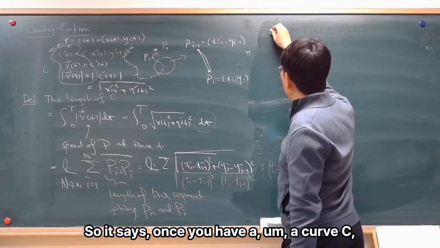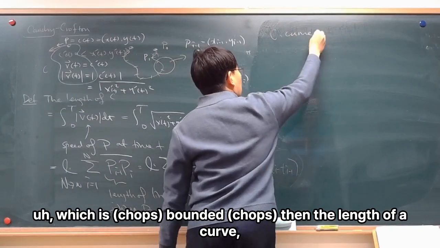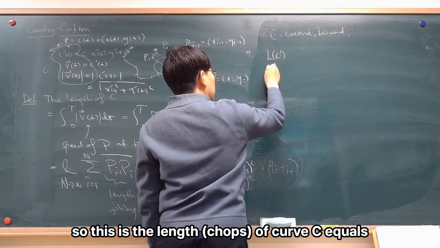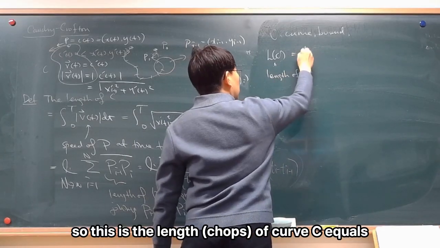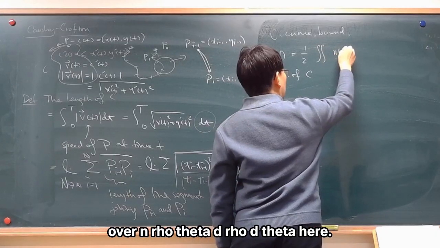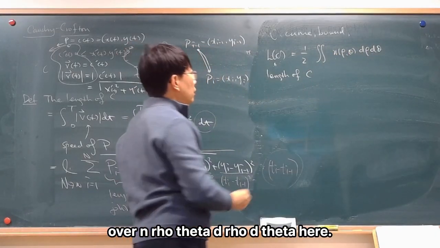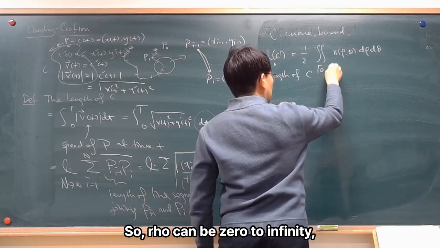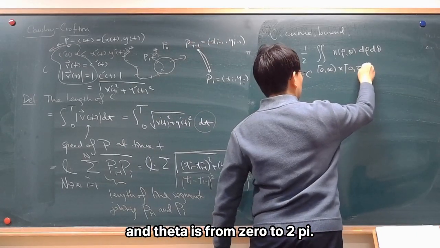It says once you have a curve C, which is bounded, then the length of curve C equals 1 over 2 times the integral of n(rho, theta) d rho d theta. What's the integration domain? Rho goes from 0 to infinity, and theta is from 0 to 2 pi.